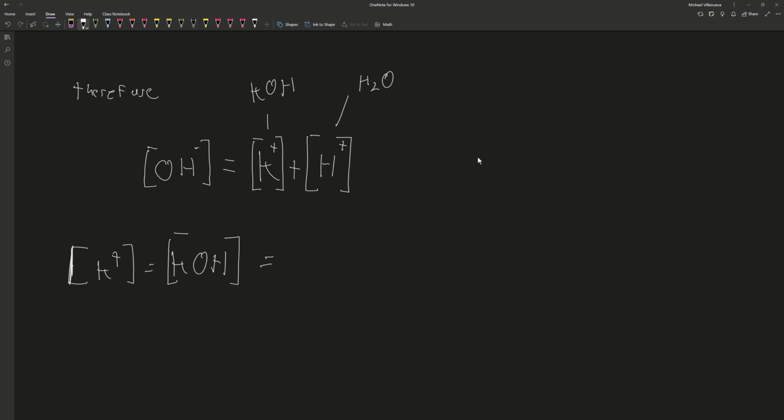And we could say that this is equal to 1.0 times 10 to the negative 8th.